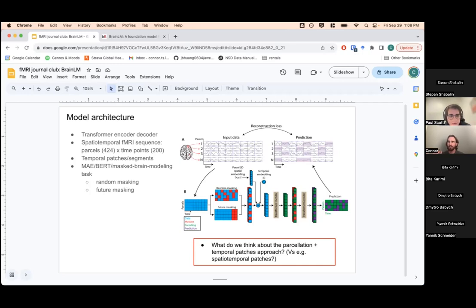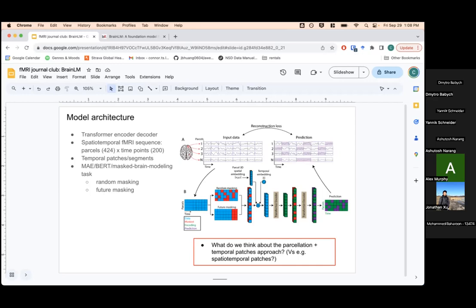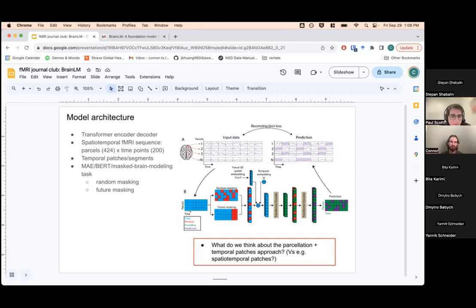And this is a pretty typical BERT, masked autoencoder, or just more generally masked modeling type setup. And then what's interesting about it to me is how they specifically went about structuring the data and defining what the sequences are and how exactly to go about constructing the patches, which I think is sort of unique.